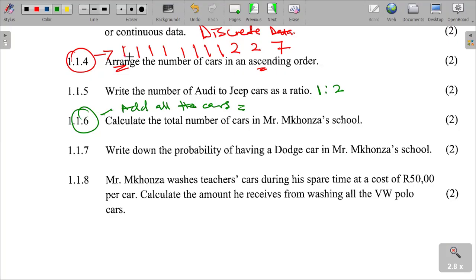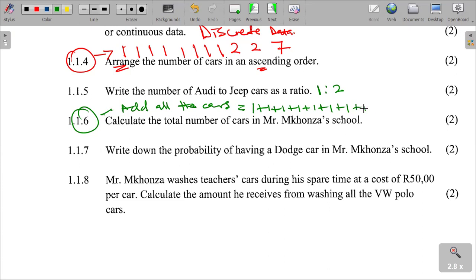In this question we see one plus one plus one plus one plus one plus one plus one plus one: 1, 2, 3, 4, 5, 6, 7, 8.